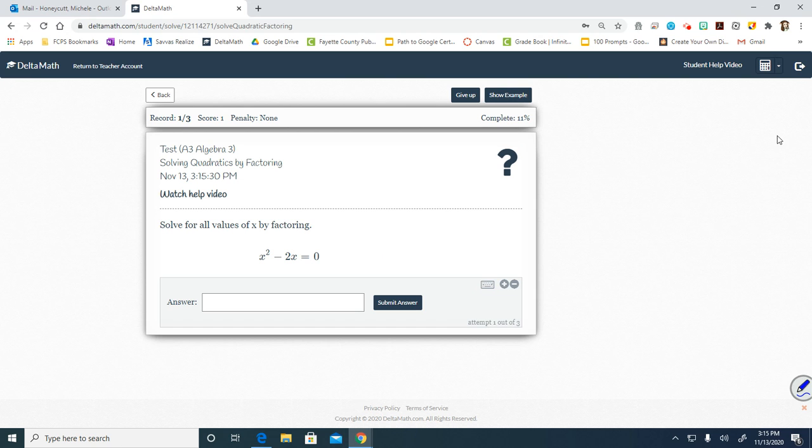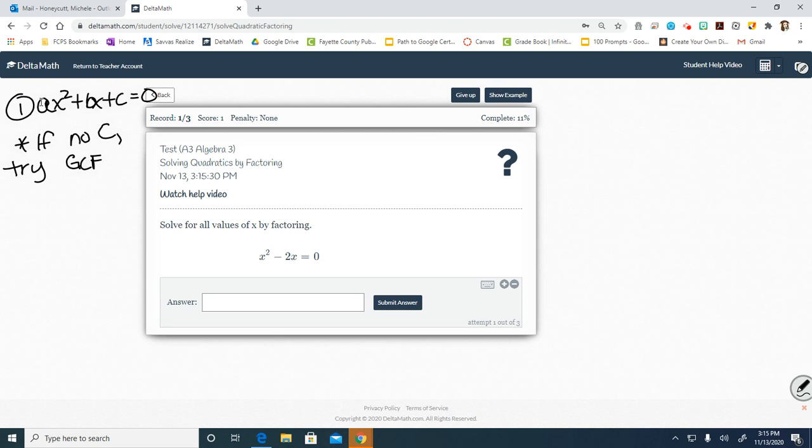Solve by factoring. Again, the first step is to write it in ax squared plus bx plus c equals 0. And right here, I do not have a c value. If I don't have a c value, try factoring the GCF.